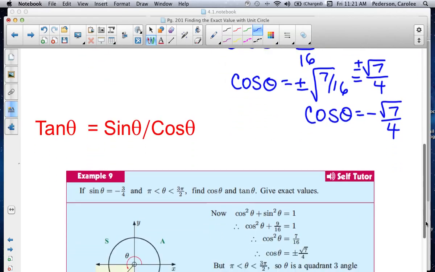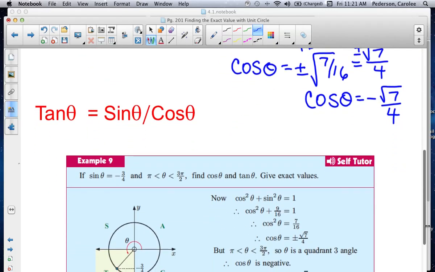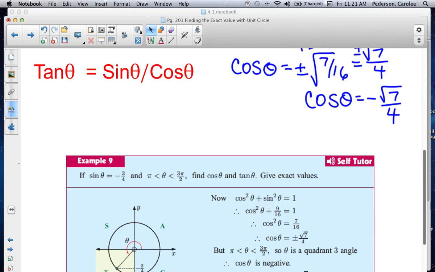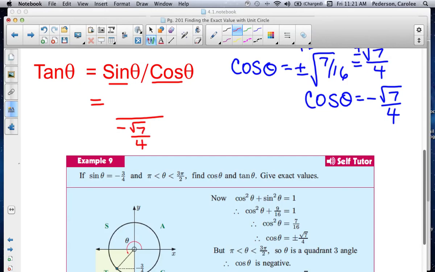Then the next piece, after you know the sine and the cosine, you can use your reciprocal function, or your quotient function in this red, of taking the sine over the cosine. So cosine is negative square root of 7 over 4.